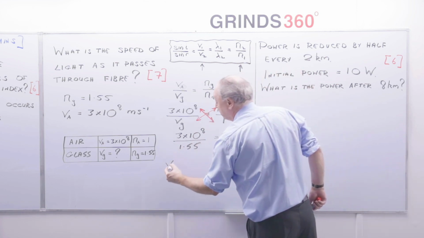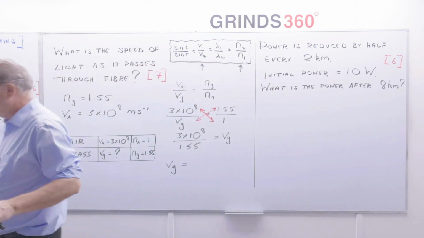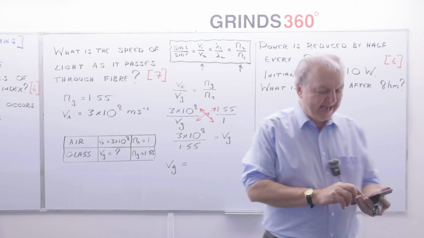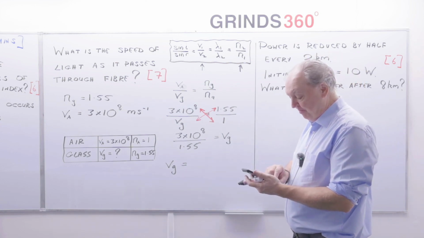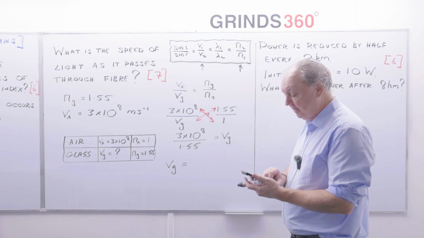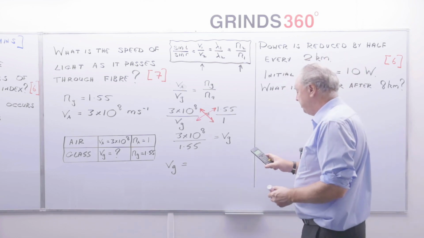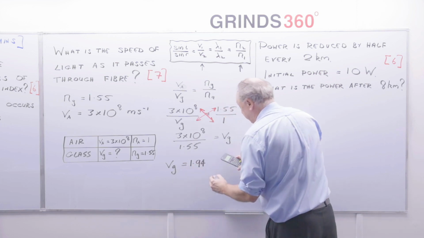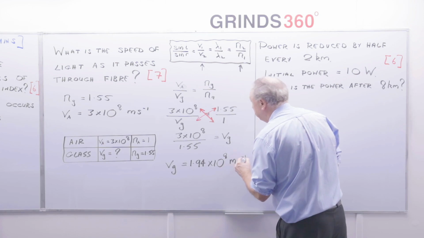So put that number into my calculator. So I get the fraction 3 by 10 to the power of 8 divided by 1.55. I get this very big number. Turn it into scientific notation. It's about 1.94 by 10 to the power of 8 meters per second.